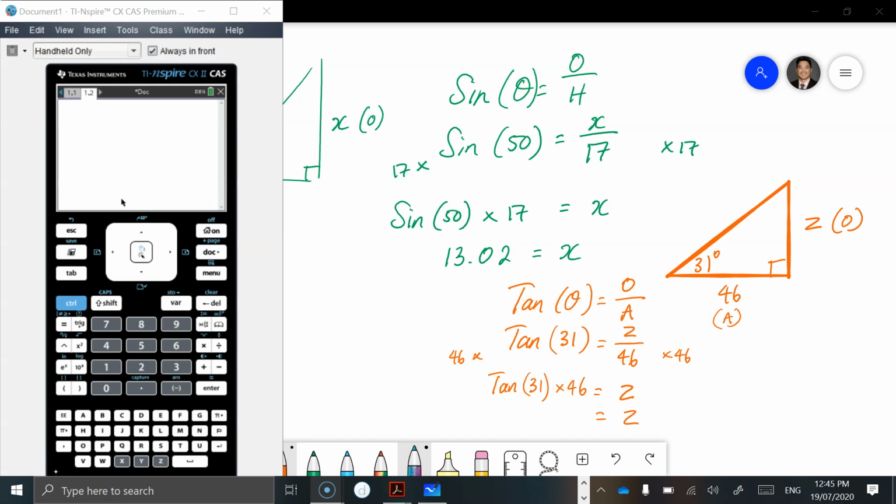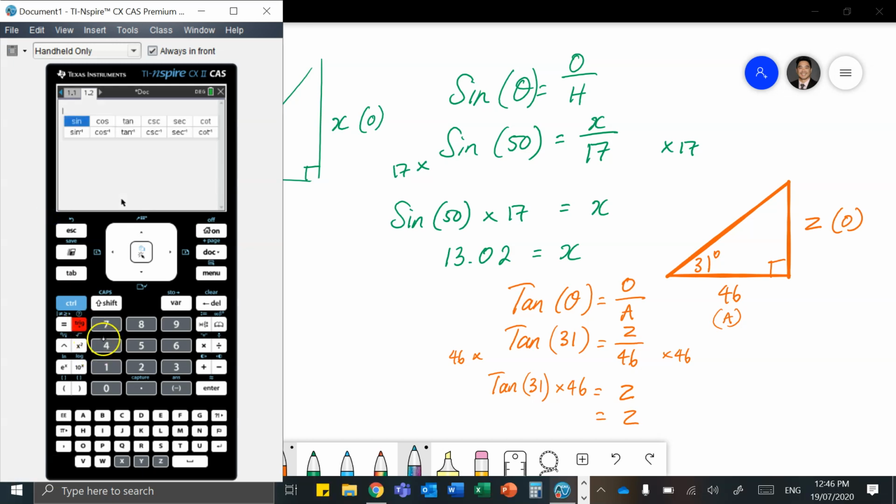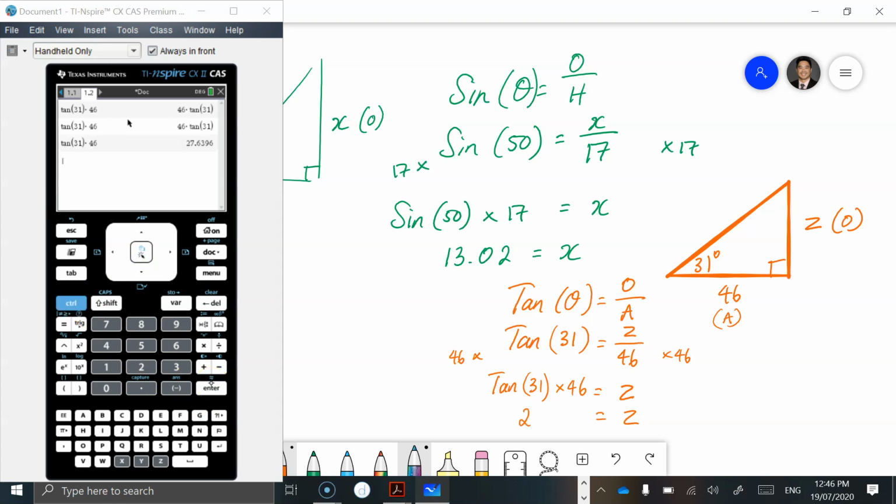Then we can get our calculator out and start typing: tan of 31, close our brackets, multiplied by 46, equals. Let's get this into decimal form, 27.64 as the side.